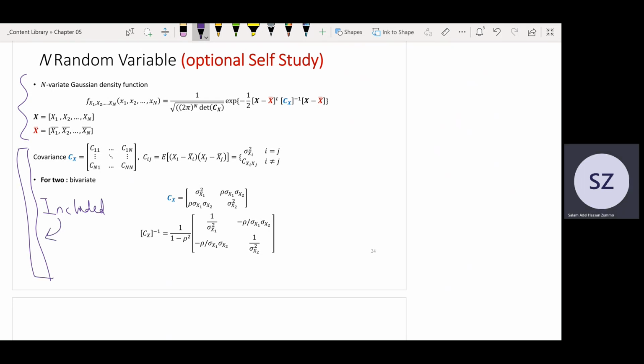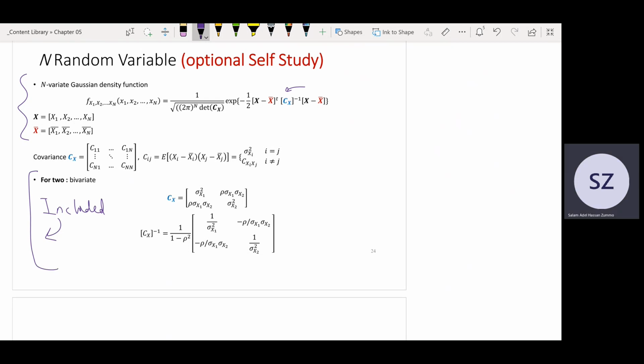When you have n dimension, there will be something called the covariance matrix. This is the vector representation. We will not talk about it; whoever is interested can read about it. However, this is included from here.